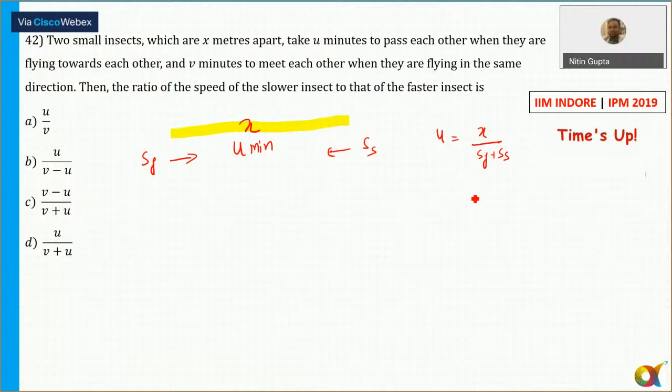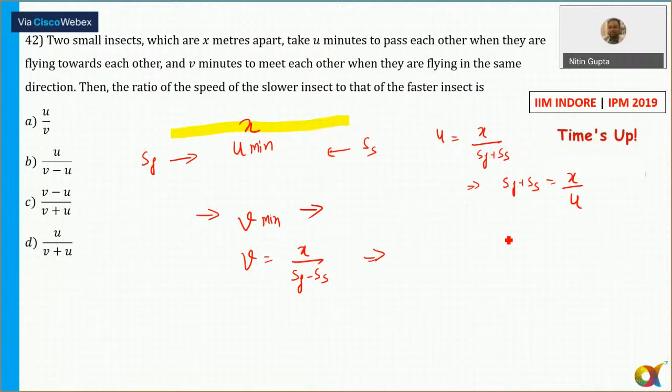From here, the value of speed of faster plus slower is equal to x upon u. It also says that when both of them are flying in the same direction, then they take v minutes. Time is equal to v minutes, and distance between them is x upon relative speed. Now they are traveling in the same direction, so speed will be speed of faster minus speed of slower.